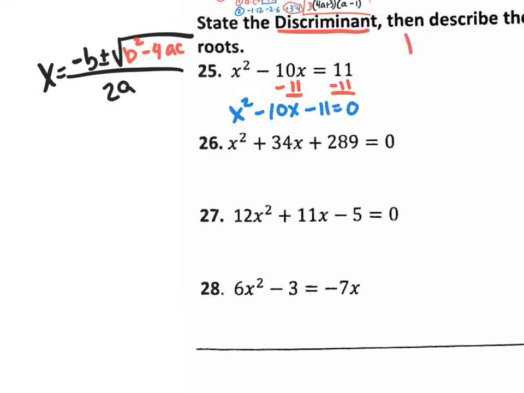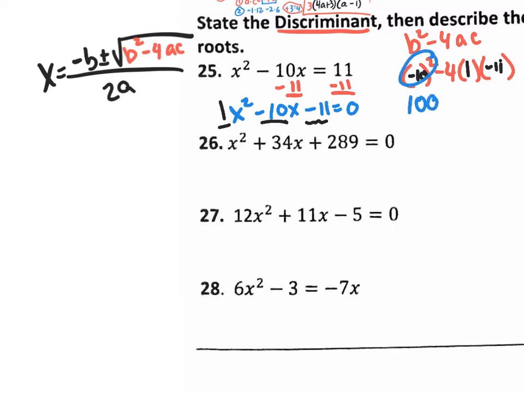So if I did do b squared minus 4ac, parentheses squared minus 4 times parentheses, and plug in my b value of negative 10, my a value of 1, and my c value of negative 11, what will my discriminant be? Well, b squared, that's 100. And then we have negative 4 times 1 times negative 11. That's going to be plus 44. So that will be 144.